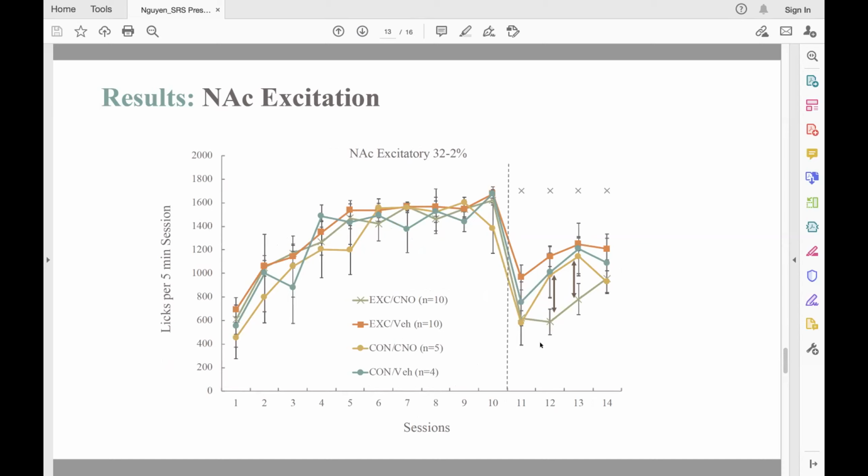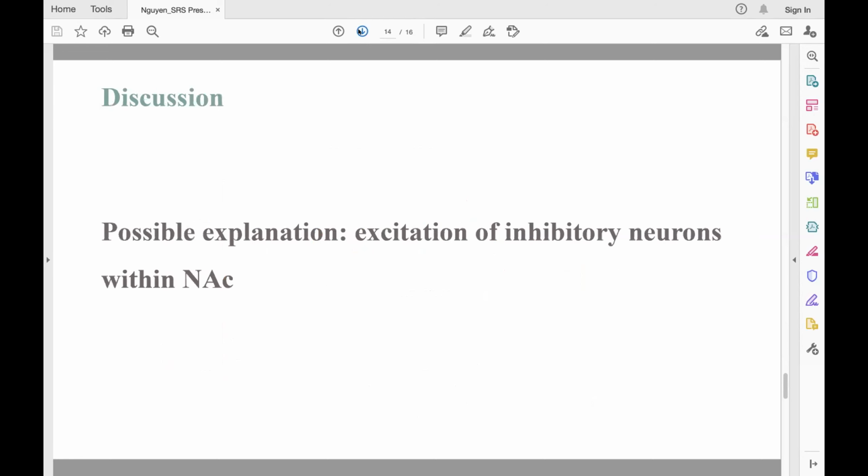This is the opposite of what we predicted for NAC excitation. One possible explanation for this finding is that we might have activated GABAergic neurons within the NAC, which might have led to less dopamine release and more behavioral suppression.